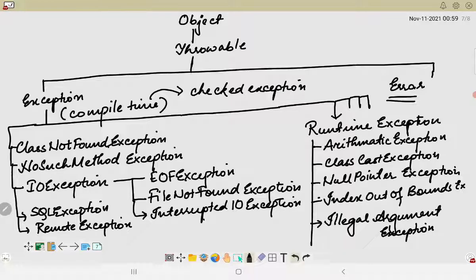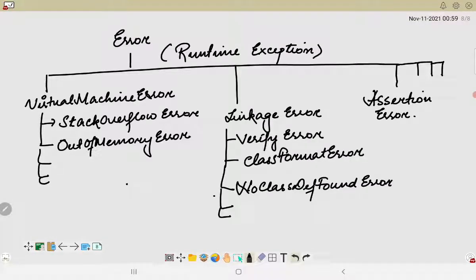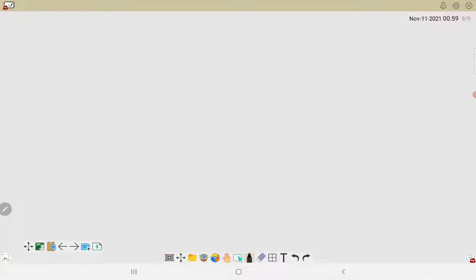Now we will talk about checked and unchecked exceptions so that it becomes easier for us to understand what we actually mean by checked and unchecked, or runtime and compile time exceptions. Whenever we are talking about checked and unchecked exceptions, I will write down the heading as checked and unchecked exception.